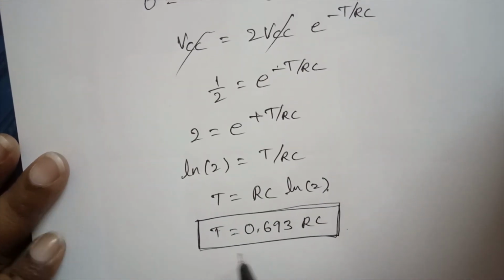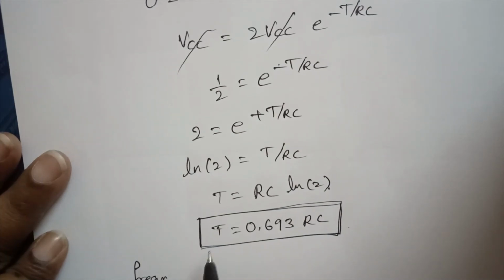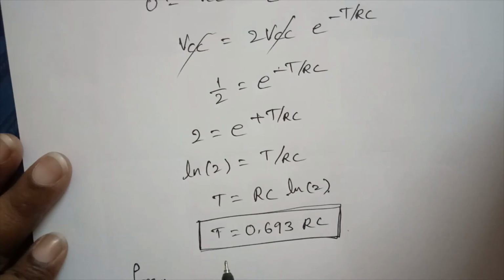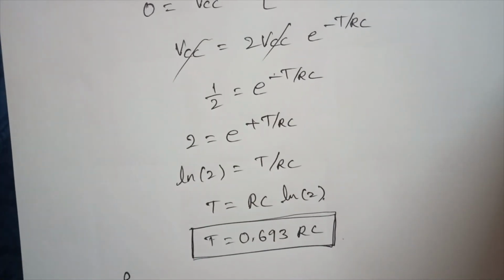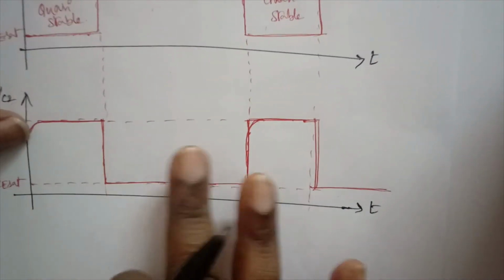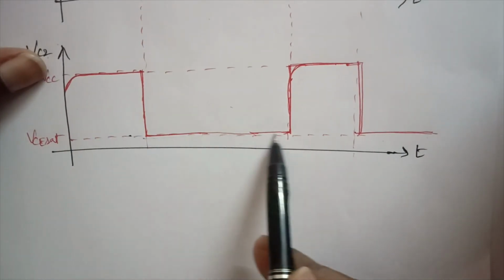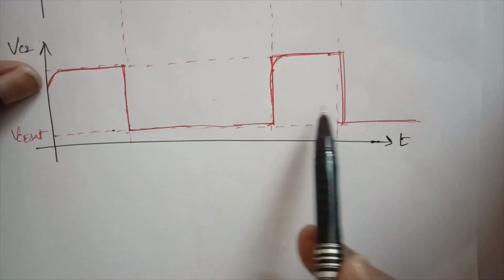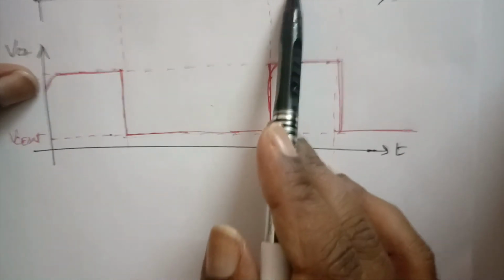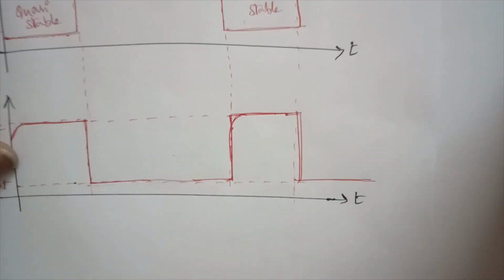If you want frequency, then, so this is the time period, or this one we also name as the pulse width. If you observe this wave, we are getting pulses. Here we have the pulse, and here we have the duration, and here we have the pulse width. So the quasi-stable state duration we call the pulse width.